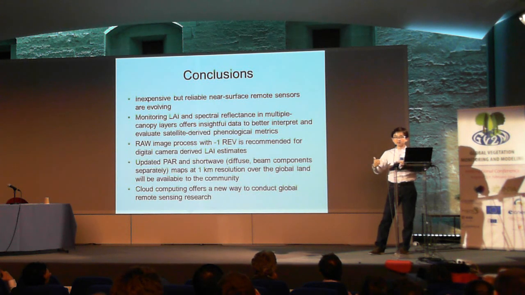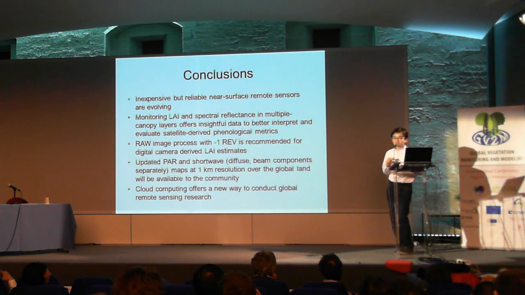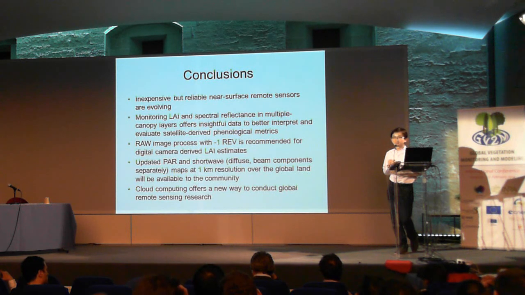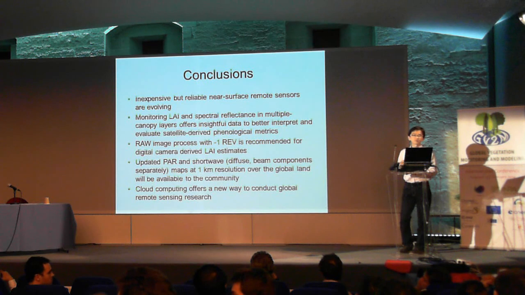So I can aggregate the input data to 10 kilometers, 1 degree, and run the model, and then I can test Jensen's inequality. So there are some issues that could be tested. And of course, uncertainty is very important, and that is one issue that I am trying to address.